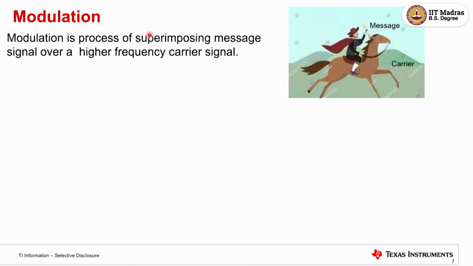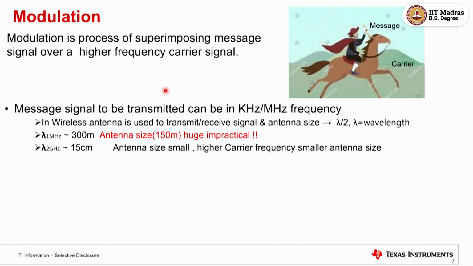So modulation is the process of superimposing a message onto a carrier, and usually this carrier signal is high frequency. We will see why that is needed as we go on. You have to convert the message signal and put that information onto a different carrier signal. That is what modulation is.